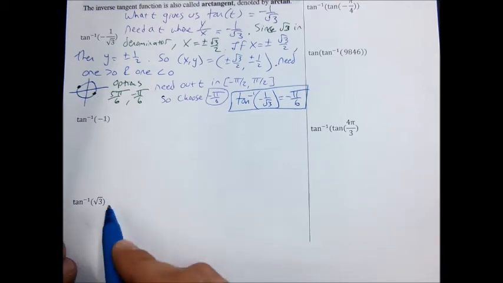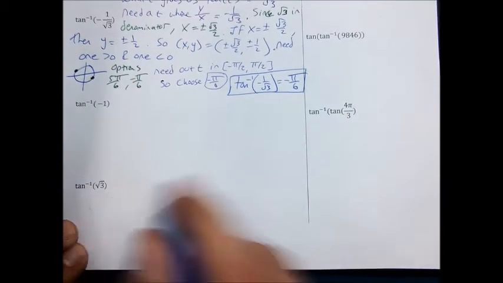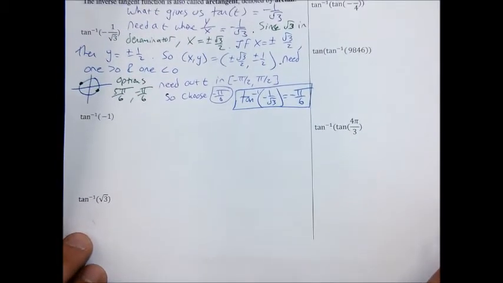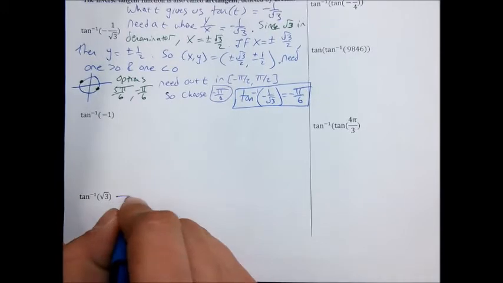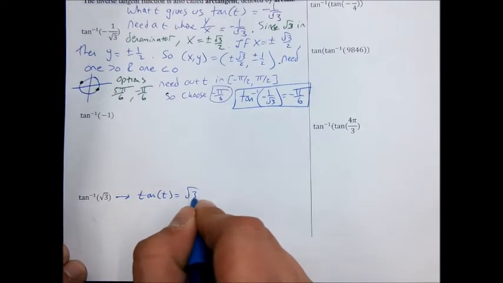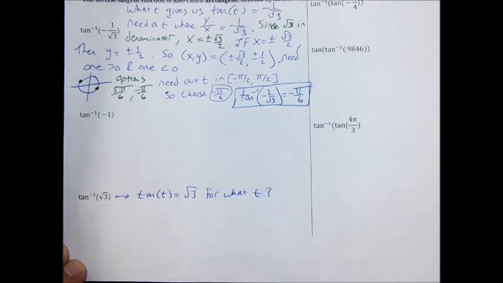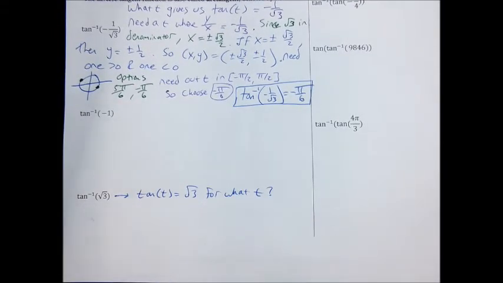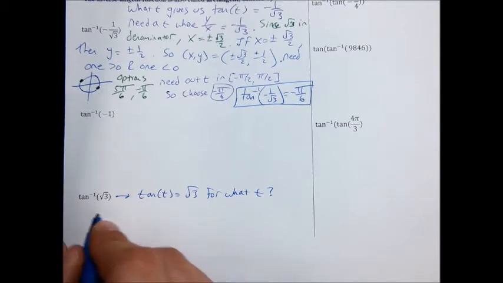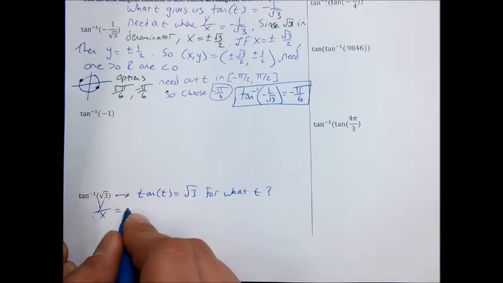So the way you want to think about this, very similar to the last one, right? You want to think, what do I need to plug into tangent that will give me root 3? So tangent of what equals root 3? And so tangent, you divide the y by x, right? We need to divide x and y and somehow get root 3.